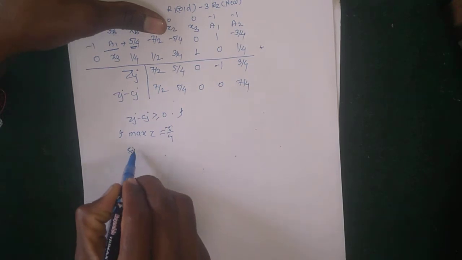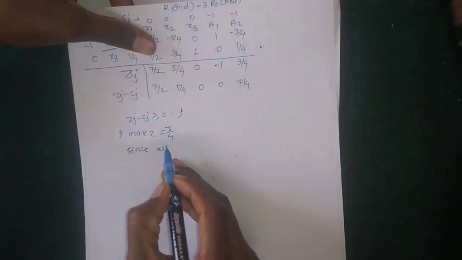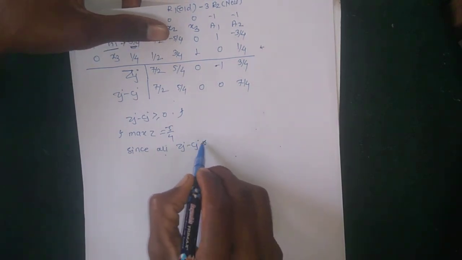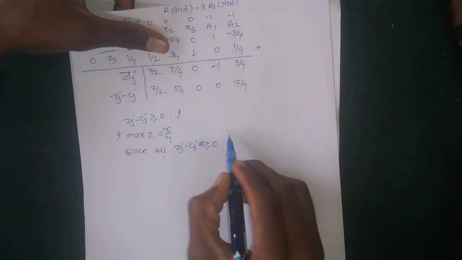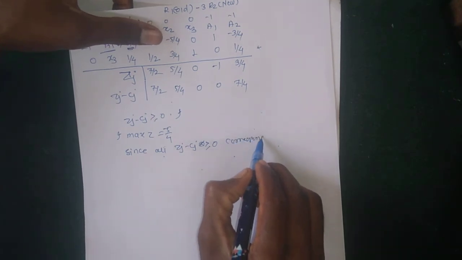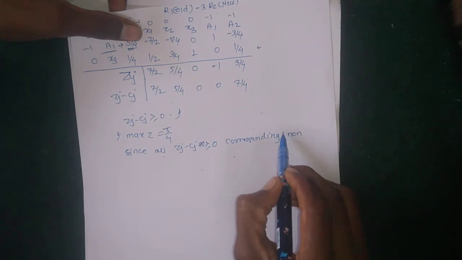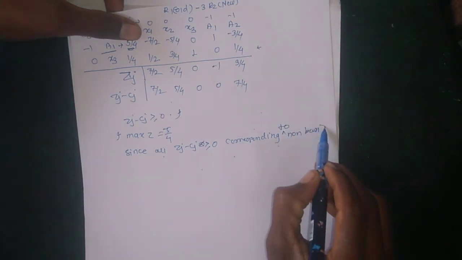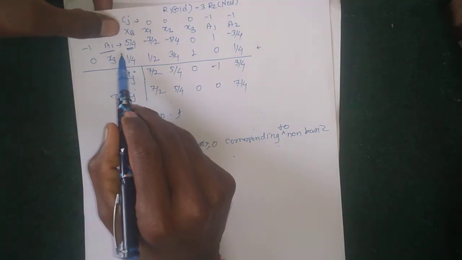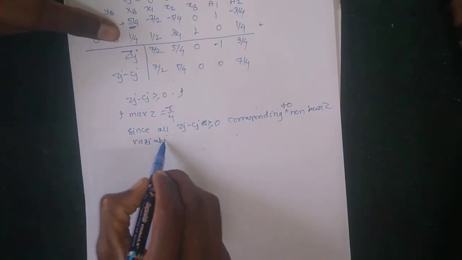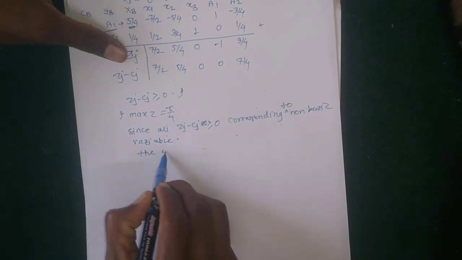Okay, so since all Zj minus Cj are greater than or equal to 0 corresponding to non-basic variables, A1 and A3 are basic variables, and all others are non-basic variables.